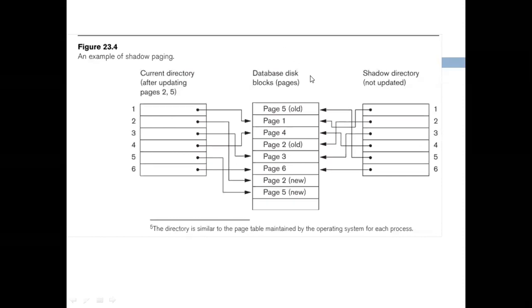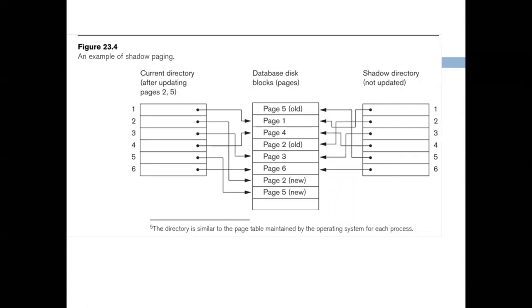Database disk blocks are pages here, and the shadow directory is not updated. For each page, for example page 1, it is present in the second block, and at the same time it is present in the shadow. The directory is similar to the page table that is maintained by the operating system for each process.